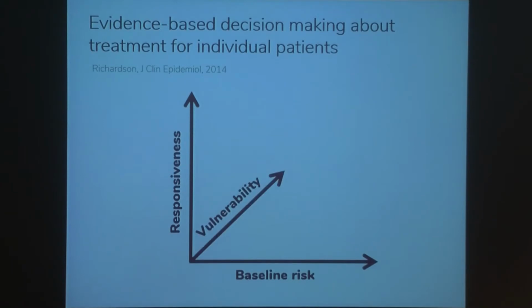And they talk about three different axes. We have baseline risk on the x-axis, which means the baseline risk unless we treat that specific condition or those specific conditions, the responsiveness, which means the responsiveness to the treatment, and the vulnerability, which means the vulnerability to the secondary effects, to the complications of a certain treatment.